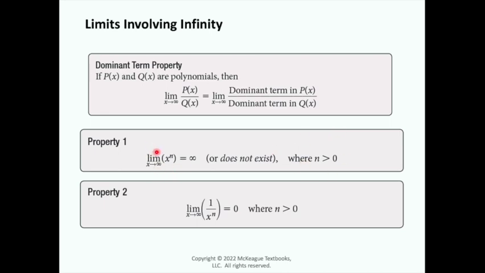So if we have the limit as x approaches infinity of x to some power of n that's positive, we're going to get infinity. So now we're looking at x to the n in the denominator. And if I find the limit as x approaches infinity, in this case, that's going to be 0. As this number in the denominator gets bigger and bigger and bigger, the entire fraction is going to get smaller and smaller.